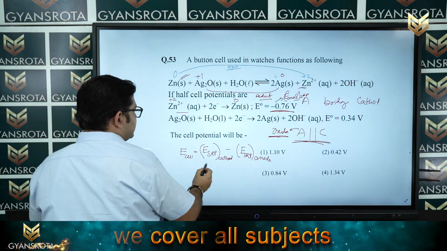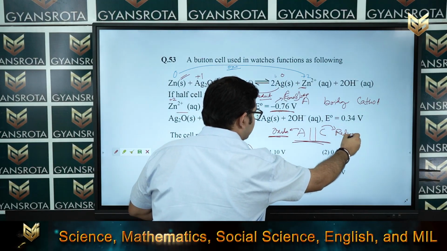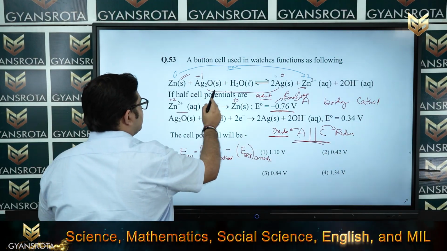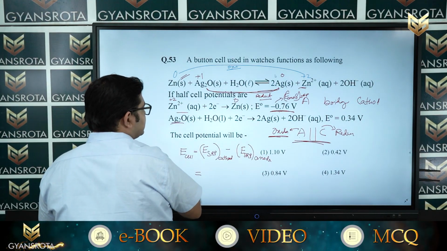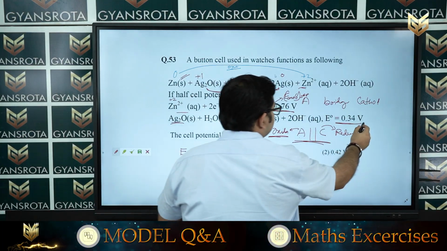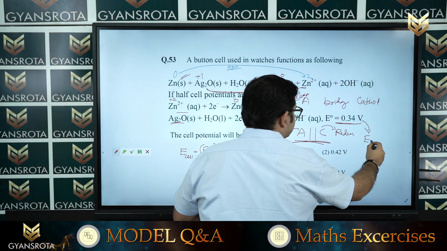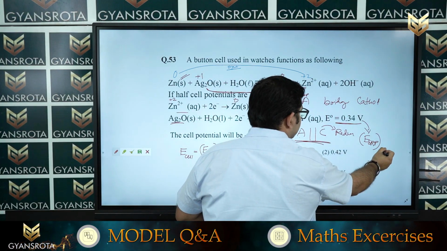Now, for the other reaction, which is at the cathode, the reduction process takes place. This is a reduction reaction, and they give you the value of reduction potential as 0.34. So this is E reduction, the standard reduction potential of the cathode.